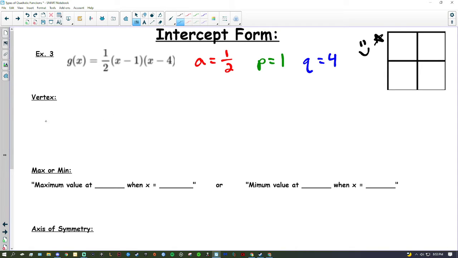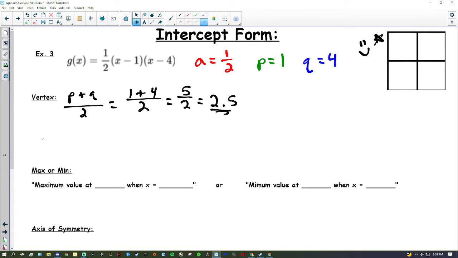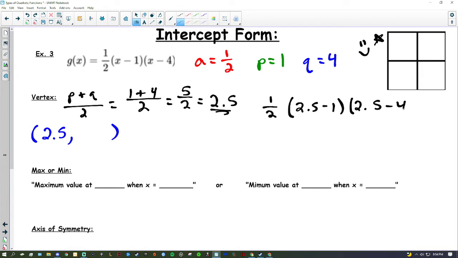Vertex. We use our formula. P plus Q all over 2. You put in your P, 1 plus 4 all over 2. You got 5 over 2, and you got a gross decimal, 2.5. But that's okay. Decimals are okay. You knew this was only half of the answer. So you decided to go ahead and plug that into the original. 1/2 times 2.5 minus 1 times 2.5 minus 4.